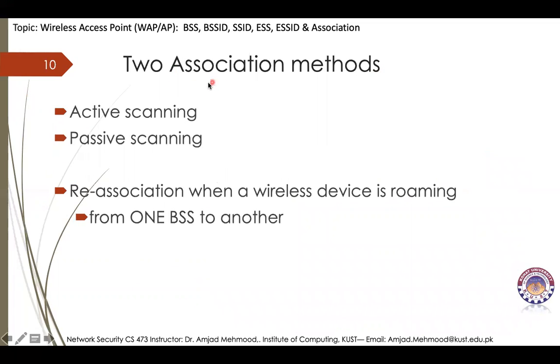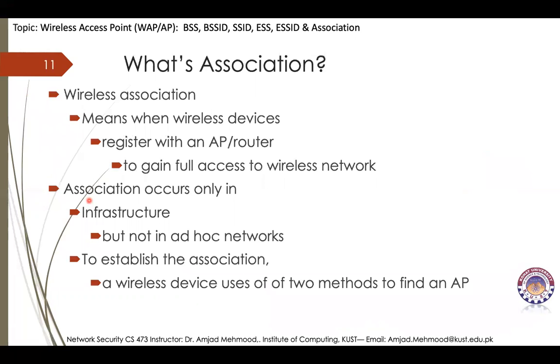Now, there are two types of methods performed for association, active scanning and passive scanning, and then you have reassociation. Association means when wireless devices register with an AP to get full access to the network. How you get access from a router or access point, you call association. Association occurs in infrastructure-based networks, but not in ad hoc networks.